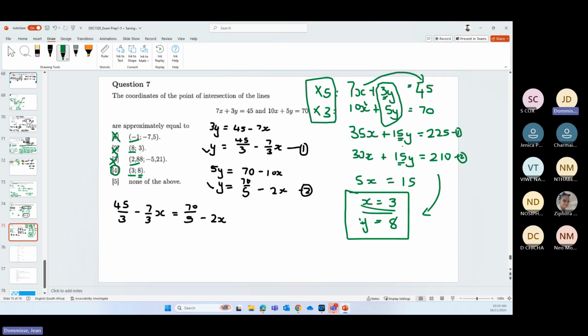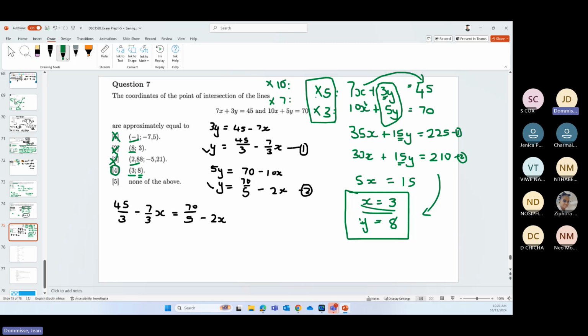So that was to get the y values the same, so that I can subtract that. The same I could have done to say the top one I multiply by 10, the second one I multiply by 7, because then the x's would have been 70 at the top, and the x in the second one would have been 70. So you could do that as well.